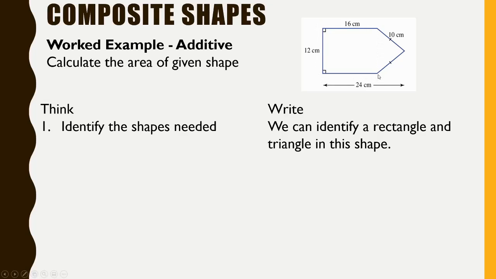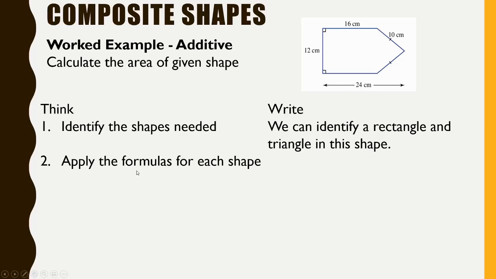And I have a triangle, which is this one here. Now we know that this distance here is 12 because it's the same as there. But the distance for the height will be from here up to the end, and we'll have to work that out. We work that out by going 24 minus 16.